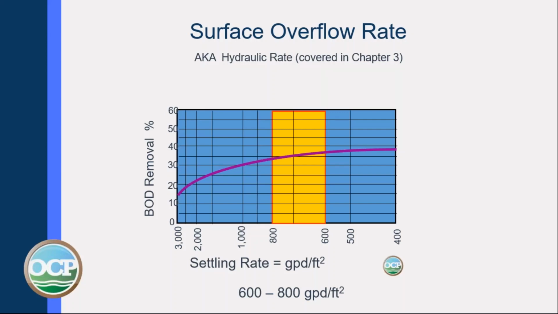If you have a round clarifier, the number of square feet is 0.785 times the diameter in feet times the diameter in feet. That would be the square footage. If it is a rectangular tank, it would be length times width would be your surface area. You take flow in gallons per day divided by the square feet.